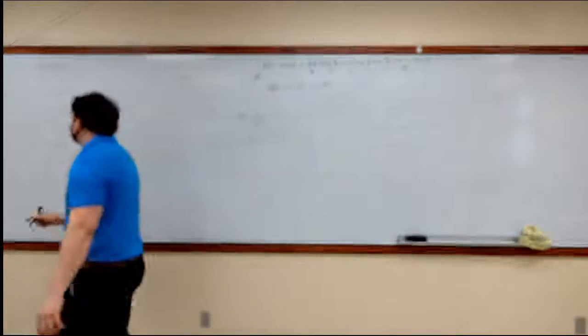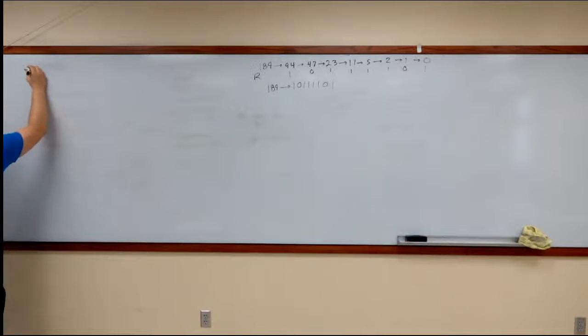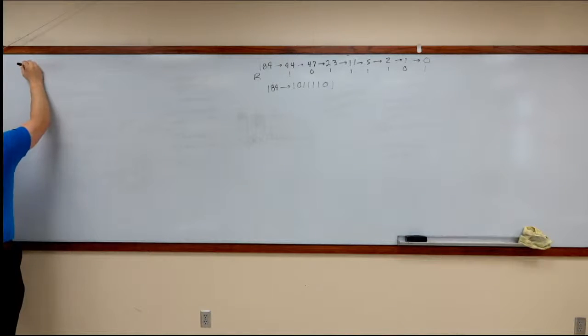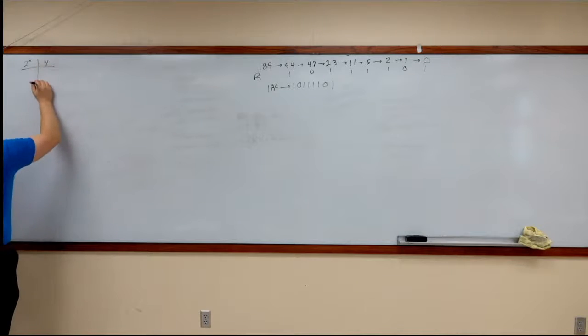What I'm going to start by doing is writing out 2 to the x, and then what the value of that is. Okay? So if x is equal to 0, y is equal to 1. If x is equal to 1, this is 2.